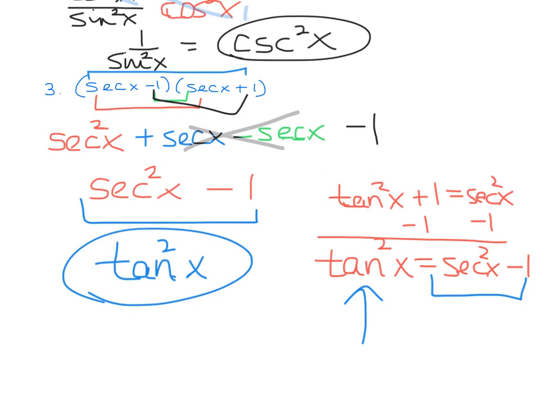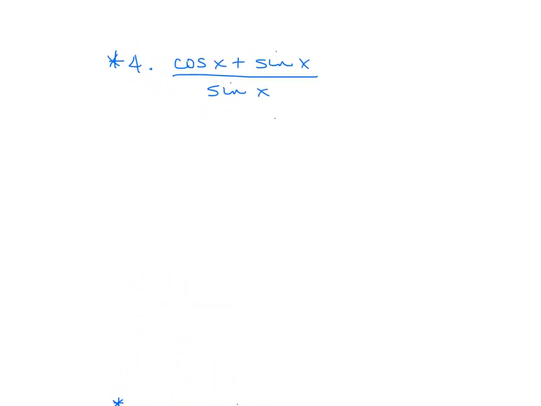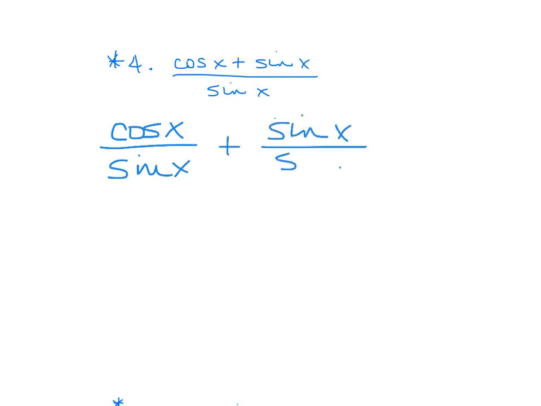Let's try number 4. For number 4, I'm going to pull this apart and break up the fraction and give them each their own sine x as the denominator. So I'm going to write cosine x over sine x, and then I'm going to write sine x over sine x.